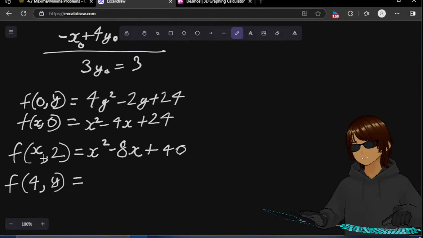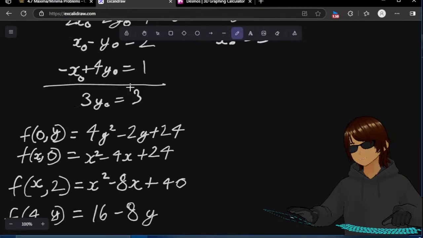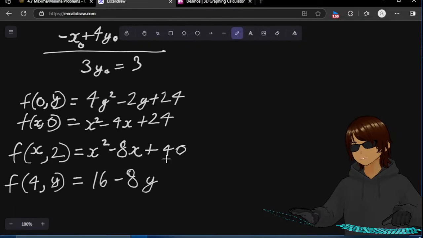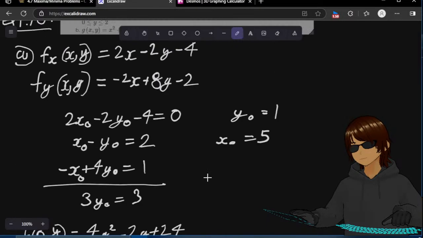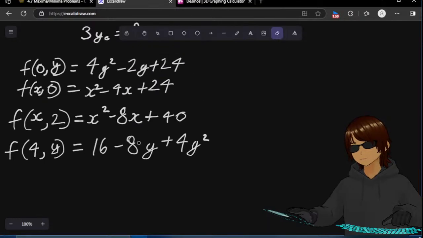We have 4 squared is 16, minus 8y, plus 4y squared, minus 10y, and then 40.